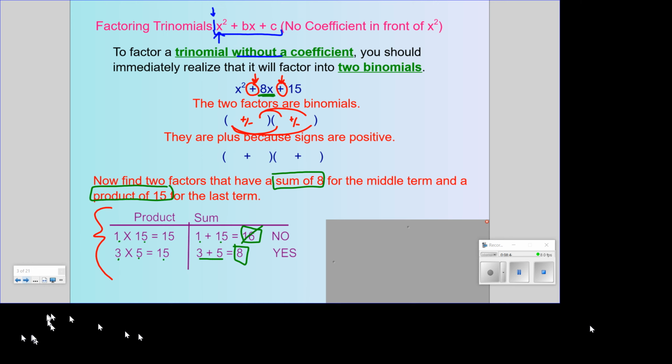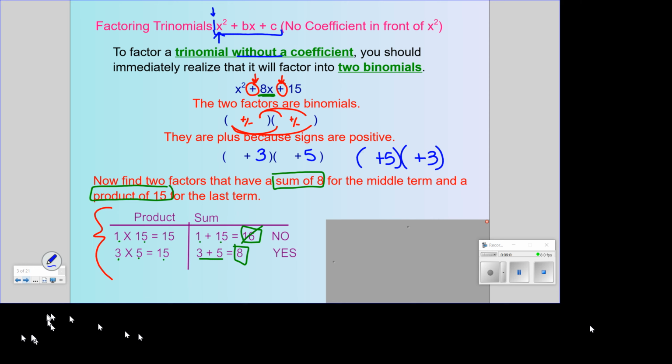Once we identify that, we are going to fill in 3 and 5 in the second portions of our binomials. And it does not matter if you do 3 in the first one, 5 in the second, or 5 in the first one and 3 in the second. That will not matter, okay?